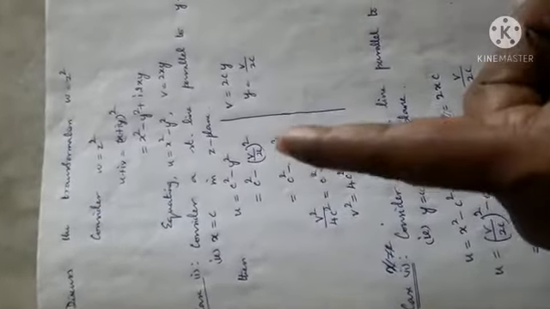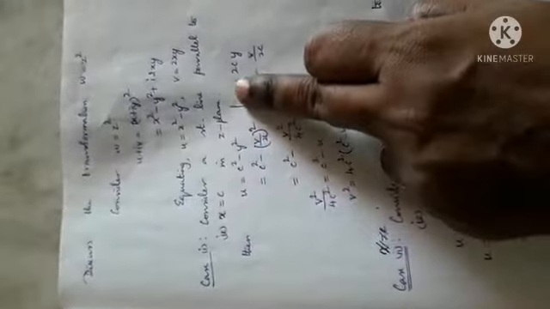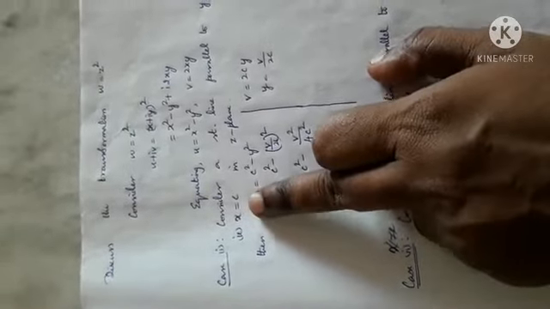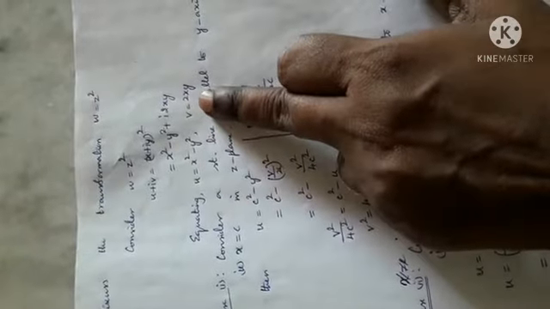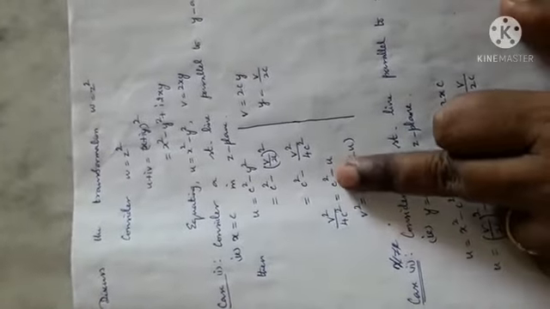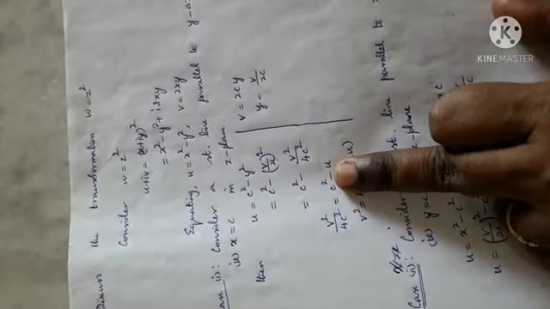When w equal to z square, find the real part and imaginary part. Consider x equal to c in z plane. X equal to c is a straight line parallel to y axis. When x is c, u is equal to c square minus y square, v is equal to 2cy. Find the value of y, substitute it here, simplify. You will meet a parabola.